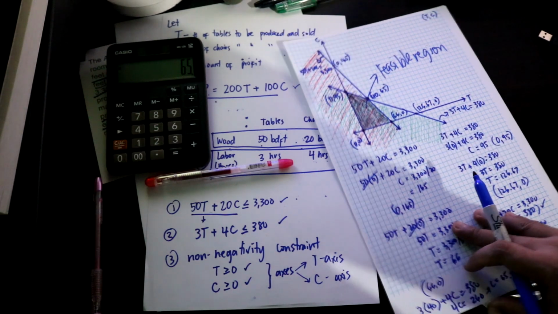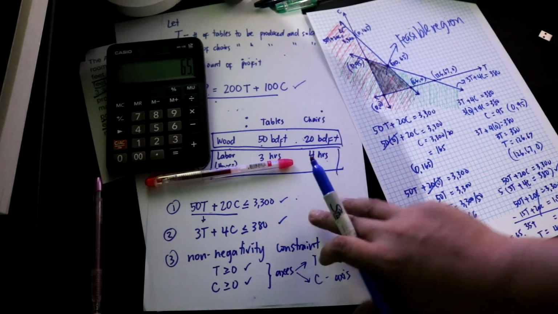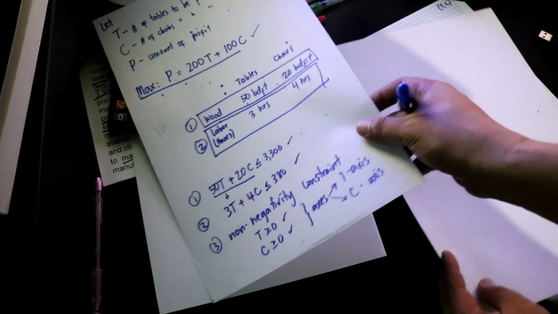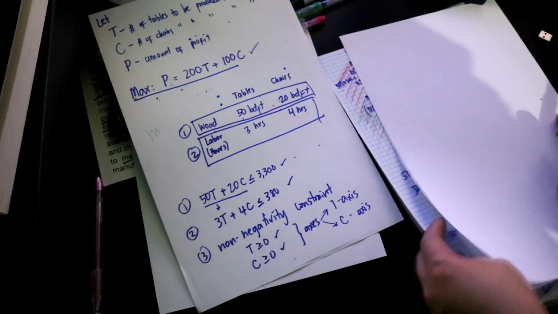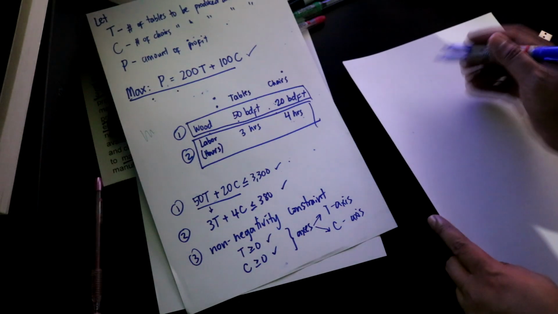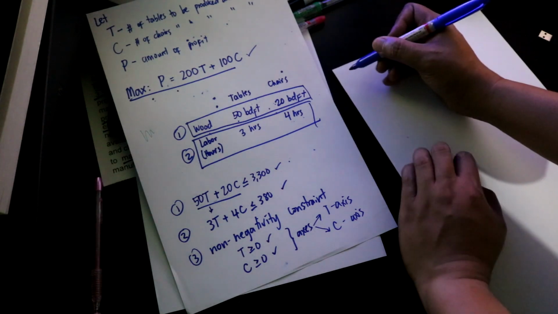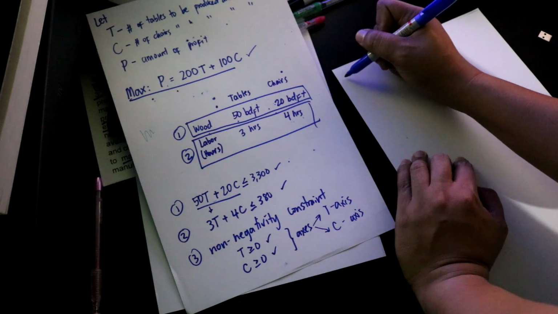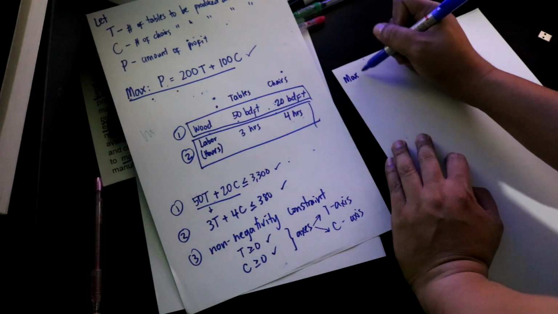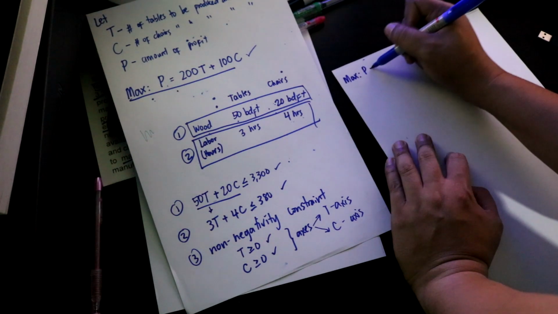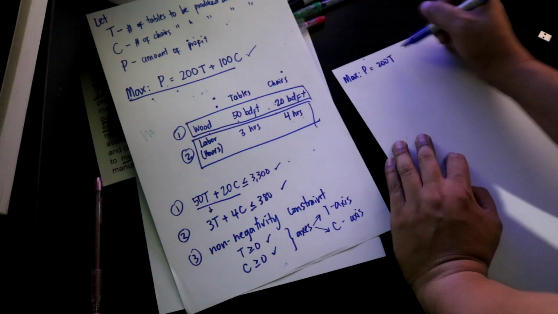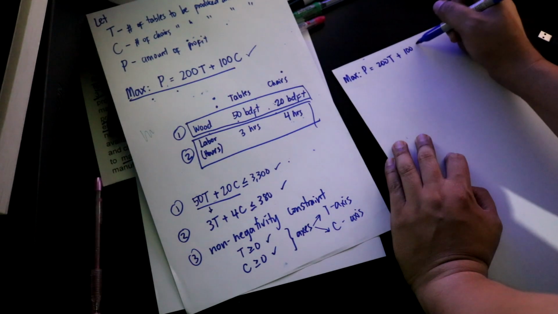Now, we test all of these. First, we get the objective function, maximize the profit, which is equal to 200t plus 100c.